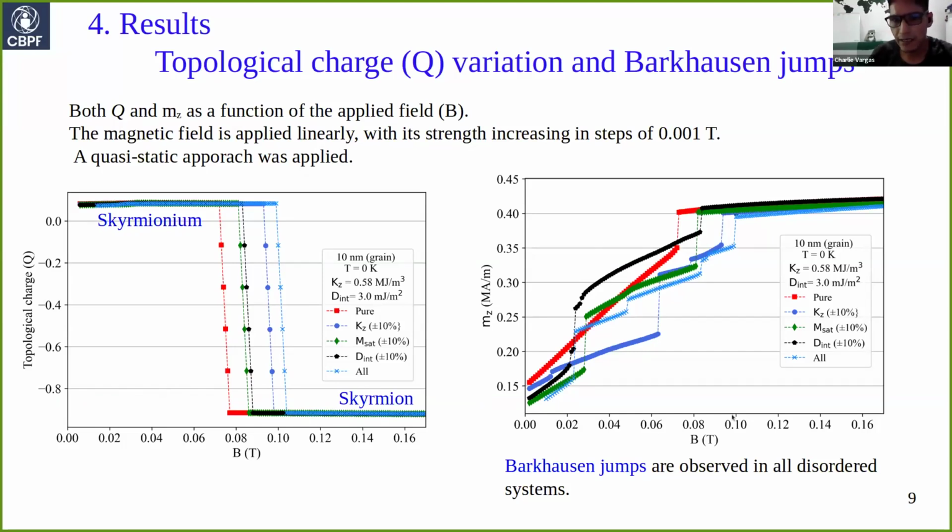In this graph on the right, you can see the magnetization along the z-axis as a function of the magnetic field. Again, different colors represent the different disorder systems. And the steps in the magnetization curves are the Barkhausen jumps.